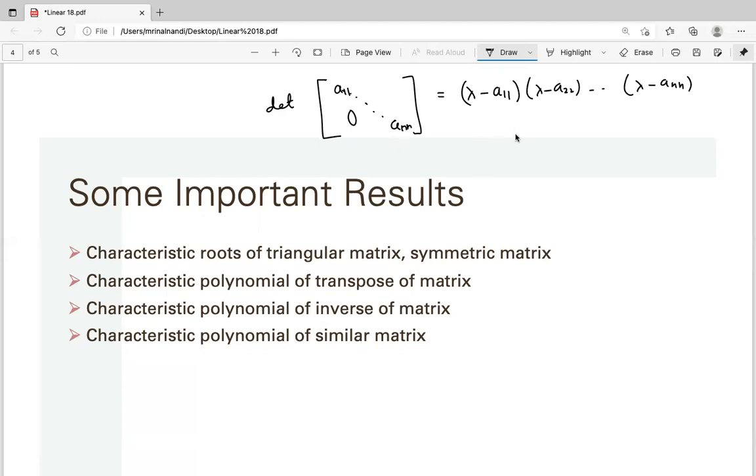What about a symmetric matrix? For a real symmetric matrix, all the eigenvalues are real. Okay, let's see.